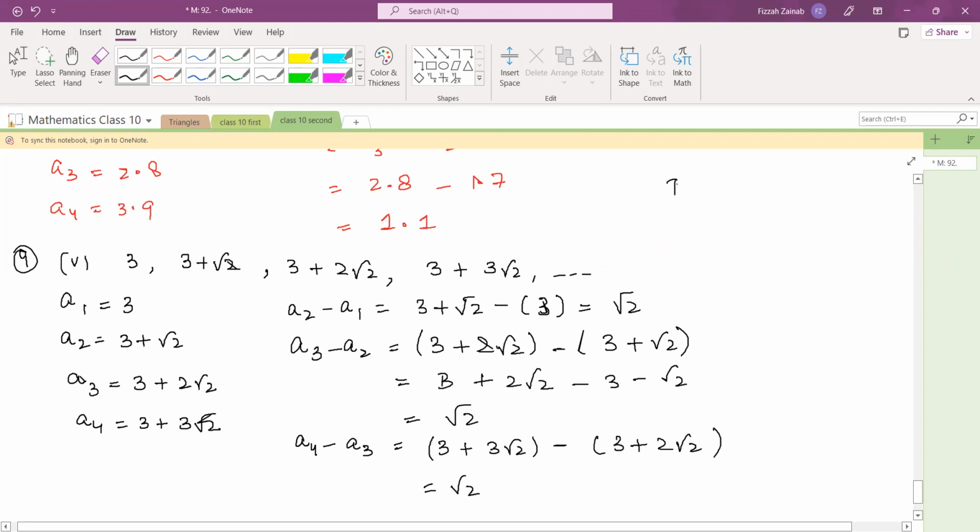So you will write the difference is same, therefore it is an AP. And in the question it is given that if they form an AP, find the common difference D. So this is the common difference. Yes, ma'am. With common difference. So complete the sentence: the difference is same, it is an AP. Therefore, it is an AP with common difference under root 2.